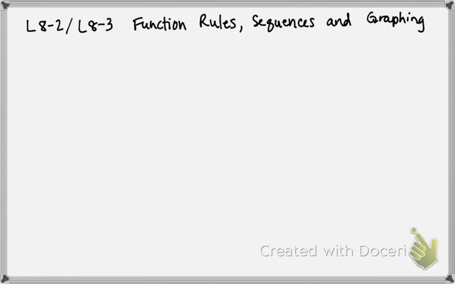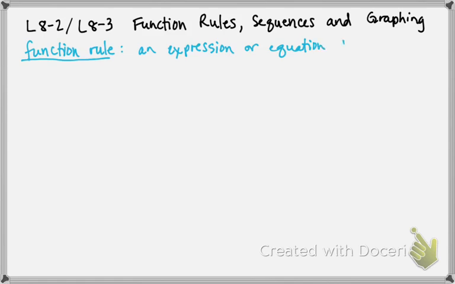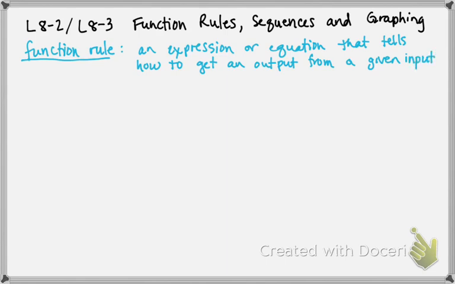So a function rule is an expression or equation that tells how to get an output from a given input. Expression, remember, has no equals in it. And we did that in our first set of notes.